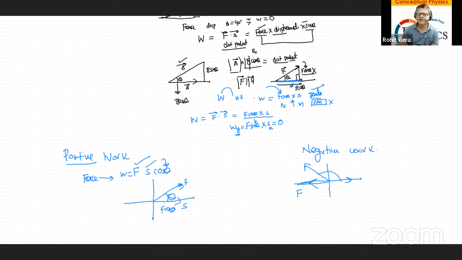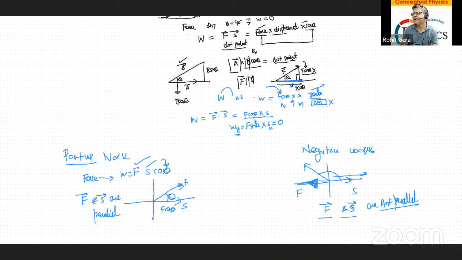So if you notice, this body is displacing towards this direction, but someone is trying to decelerate it or stop it. So F and S are in opposite direction. So F and S are anti-parallel, whereas here F and S are parallel. This is the concept of positive and negative work.